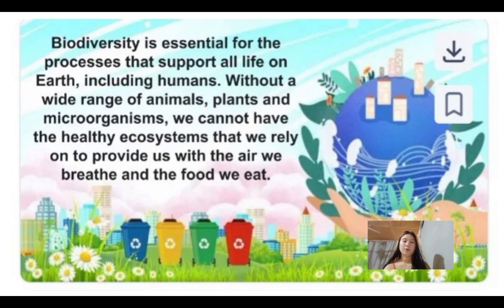That is why we need to protect biodiversity to make sure that nature keeps working properly for us and for our future generations who will also need clean air, fresh food, and a healthy planet to live on.